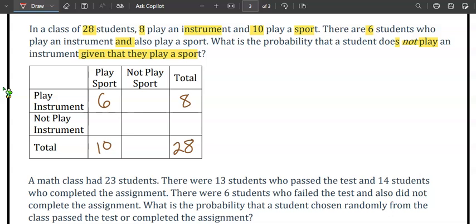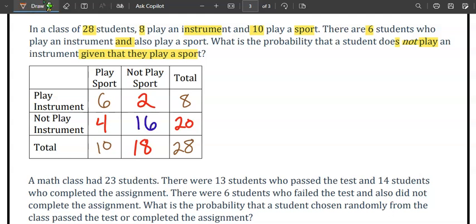All right, play instrument is 8. So that means this missing spot must be 2 because 6 plus 2 is 8. Right here we need to put 4 because 4 plus 6 is 10. Right here we're going to write 20 because 20 plus 8 is 28. And then right here we're going to write 18. And then we can fill in this number, 16.